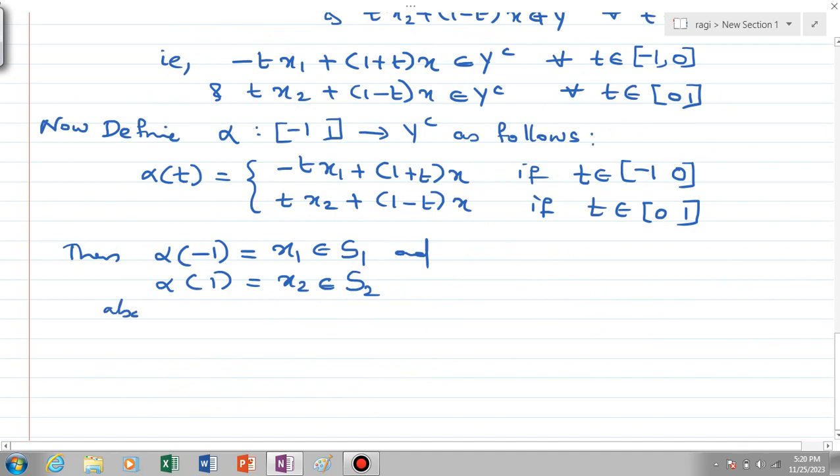Also, alpha of 0, when t equals 0, is equal to x, and from both formulas at t equal to 0, alpha of t is equal to x, which means that alpha is continuous on minus 1, 1.